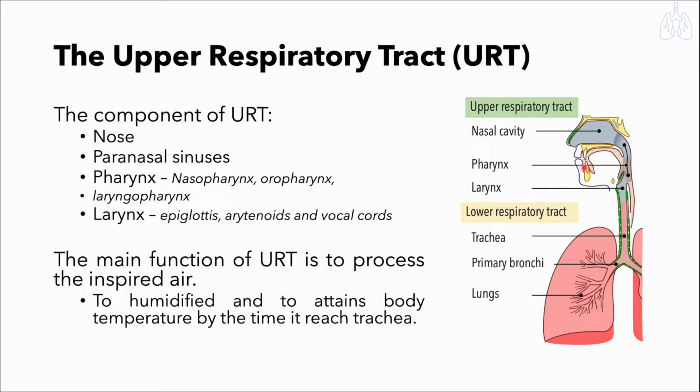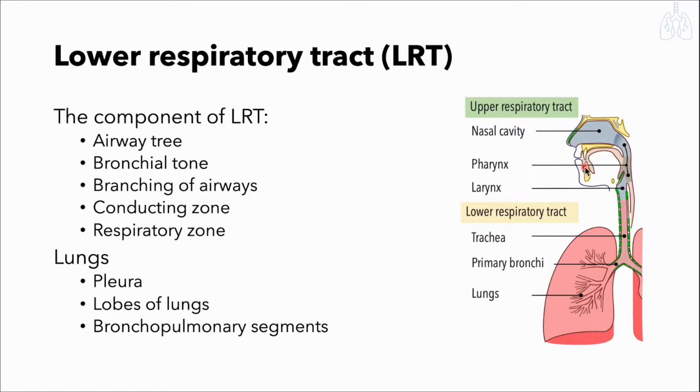So the air in the environment is at various temperatures, which is why you must have the upper respiratory tract. It humidifies the air so that the air is equalized with your body temperature before it reaches your trachea as well as your lungs. Sorry, I have a mouth ulcer.